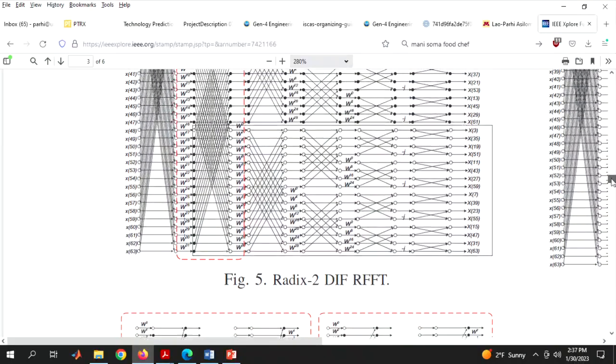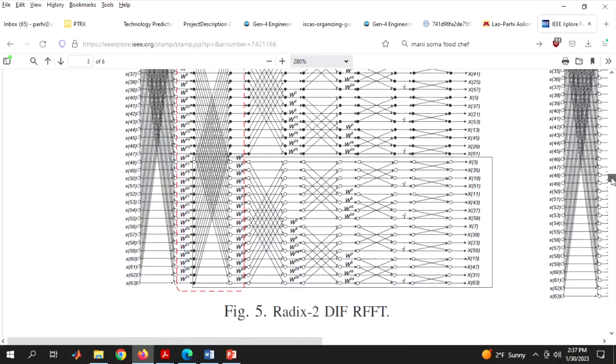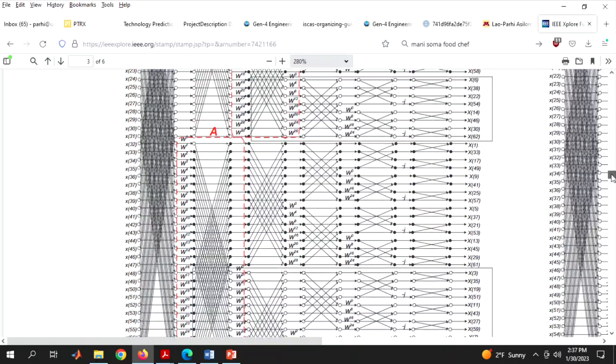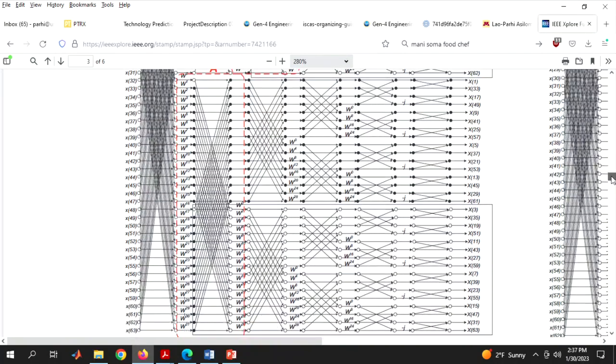It says here radix 2 DIF. So this is 64 point DIF. In the first stage, how many multiplications do you see? At the bottom, w to power 0 through w to power 31. So that's 32. That's what is n by 2.